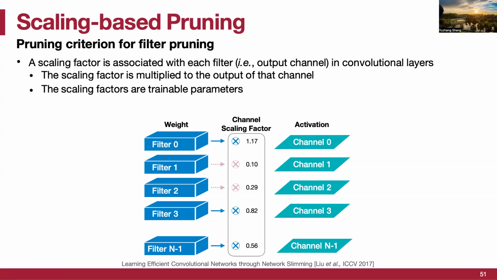For example, in this layer we have n filters. For each filter, we have a corresponding scaling factor, like this. It's just a vector, right? During the whole training process, besides training the weight matrices, those filters, we can also train those scaling factors, right?